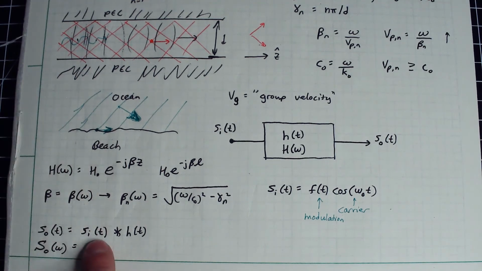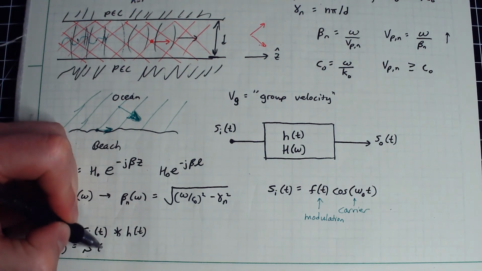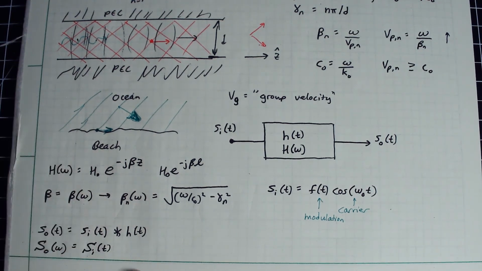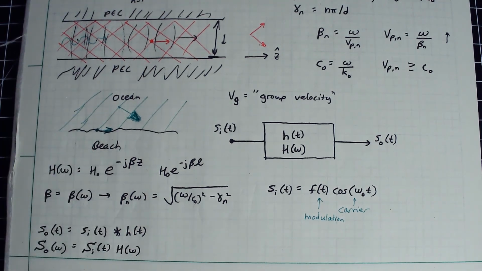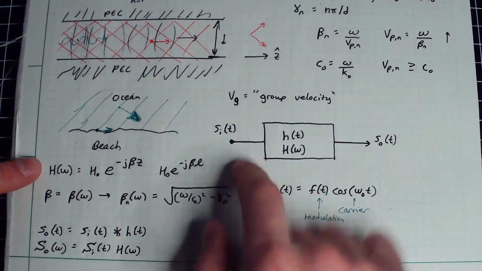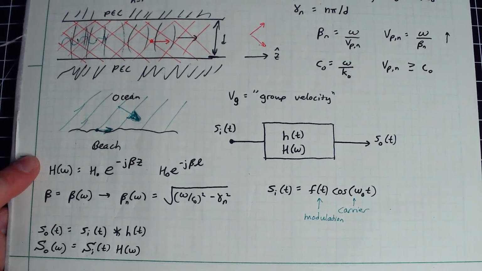And remember, convolution in time domain means multiplication in the frequency domain. So I get S i of omega multiplied by h of omega. So we know what that is because we already assumed it here. It's just some propagation delay due to some fixed amount of length in that little system here.